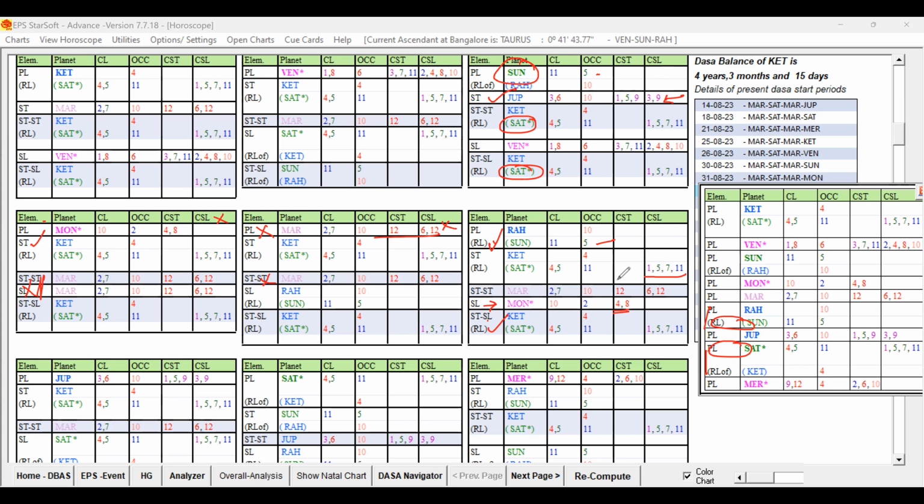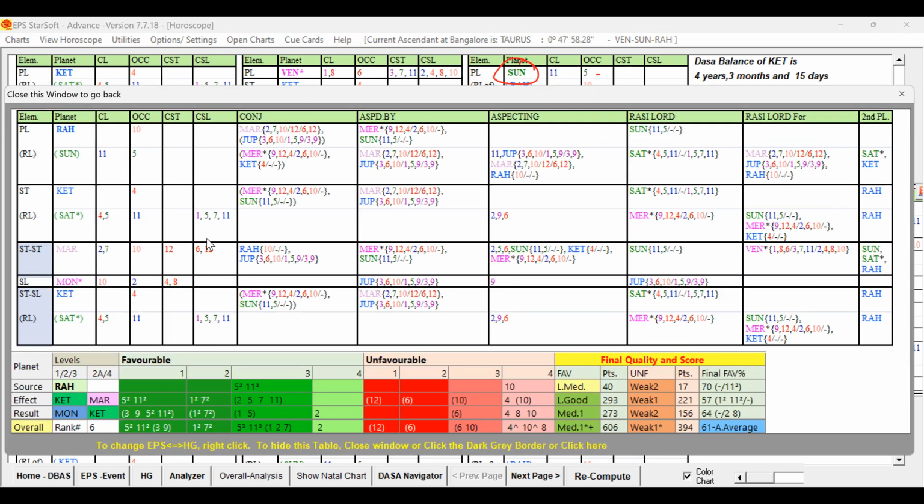But importantly, the Saturn role and Sun role are to be checked. Now Sun is present, Saturn is present, and Moon is present at the sub level, that we have to check. Another important point is that Mars is not playing a role, which is good. Let us check how the Moon is getting support from any planet.